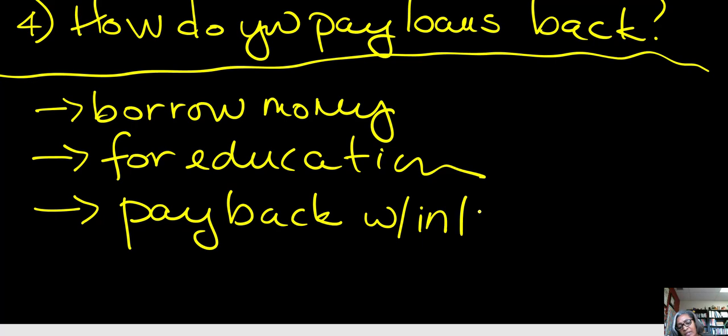And we'll talk about that interest in a little bit. I think that was our number 3 item that we were going to talk about. So within this topic of what are student loans, let's break this down into 2 different areas. Let's talk about how do you apply and the different types of student loans.